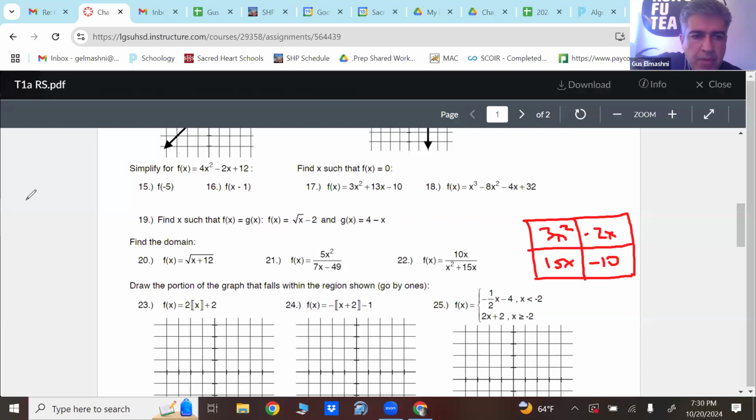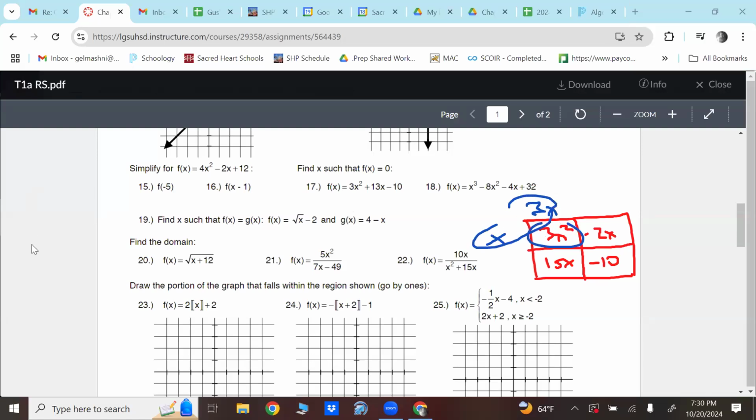Now, if you think about it, what's common in that first row between 3x squared and -2x? What factor do they share? X. Yeah, exactly. And then I'm gonna put 3x there because isn't x times 3x squared? Yeah, exactly.